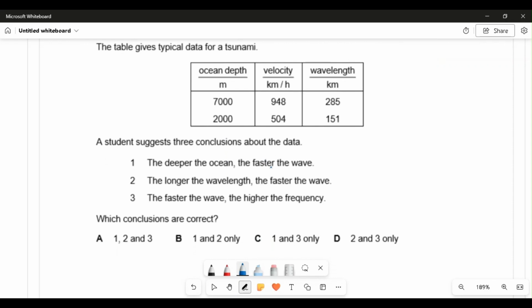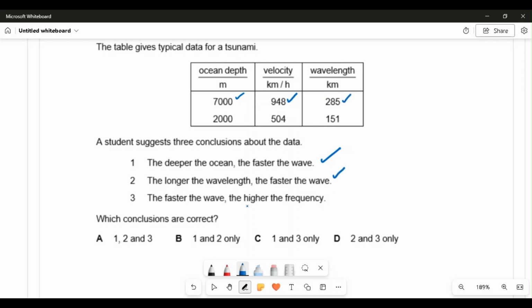The deeper the ocean, faster the wave. The first one is deeper and the speed per kilometer hour is faster. Yes, it is true. The longer the wavelength, if you see longer wavelength for the first one is faster the wave. Yes, it is faster the wave.